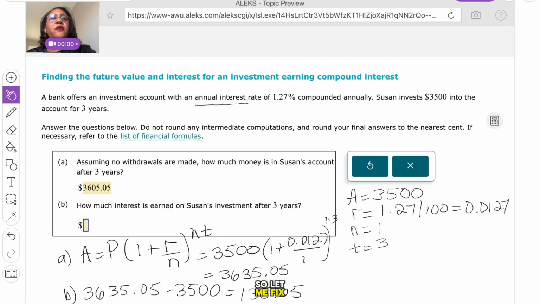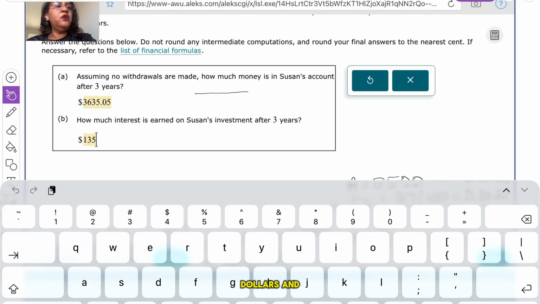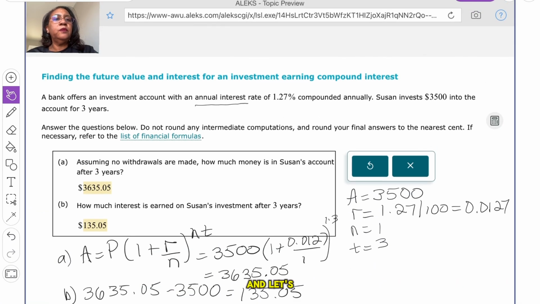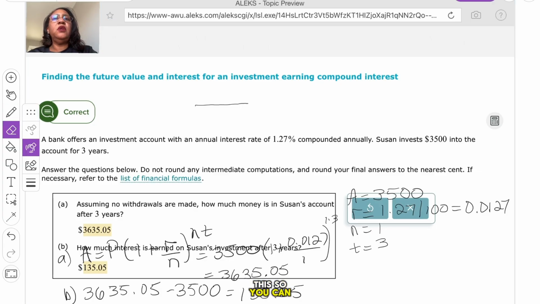So let me fix my zero here. Hopefully you caught that while I was typing it. And then this would be $135.05. And let's check it. And it's correct.